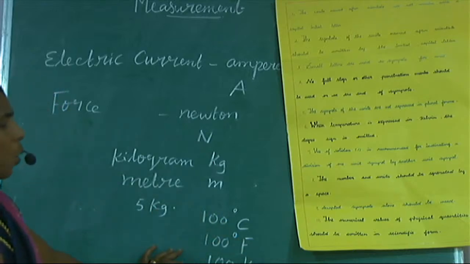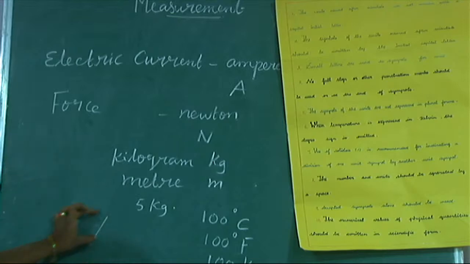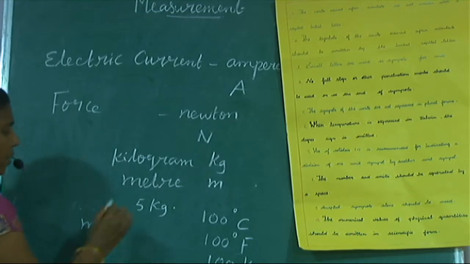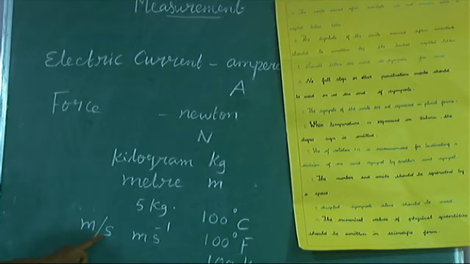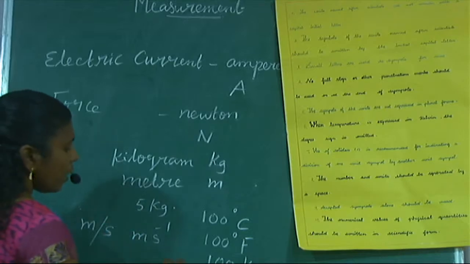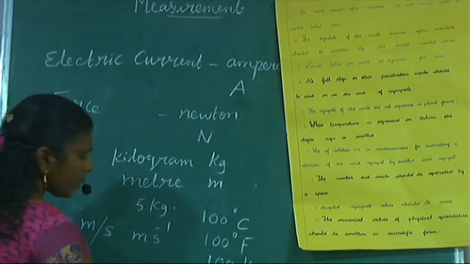Next one, the solidus. Solidus means slash, or per, or divided by. Suppose the unit of velocity. What is the unit of velocity? We learned last class: meter per second, or we can write meter second power minus 1. Only one solidus is valid after a unit. Suppose joule per kilogram per mole.